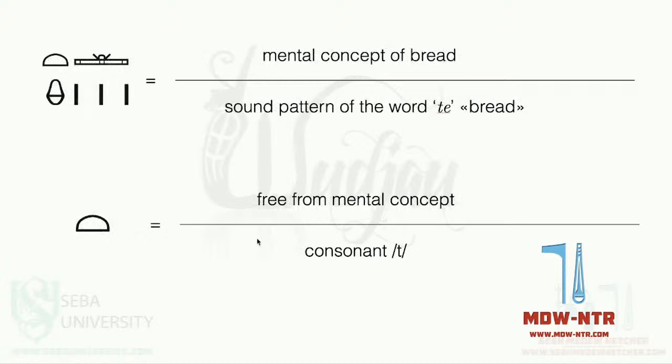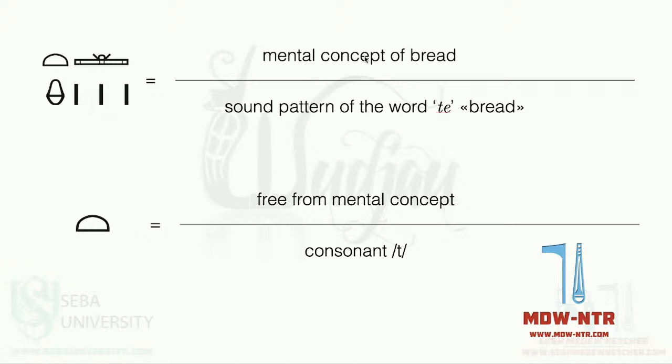Here's another example. Here's the word for bread. Up top, this word right here. This is the ancient Egyptian sign or word for bread. The mental concept side, the meaning side, is that of bread. Whatever's conceived in your mind when somebody says bread in English. A loaf of bread.